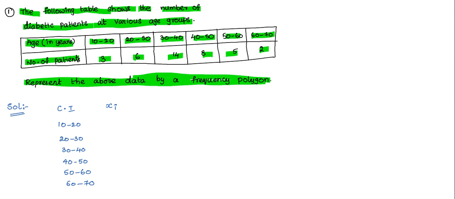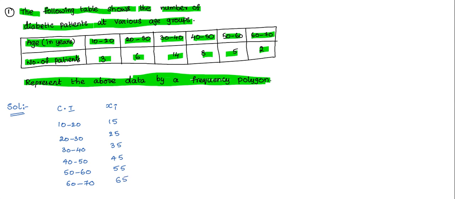Xi denotes class marks. For this interval the class mark is 10 plus 20 by 2, that gives 15, then 25, 35, 45, 55 and 65.